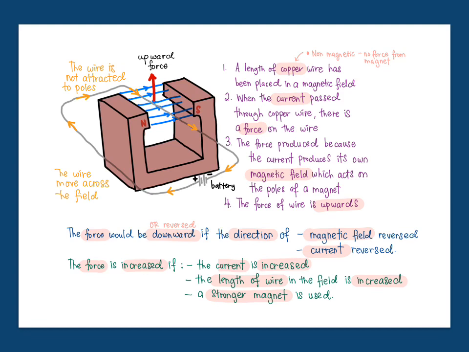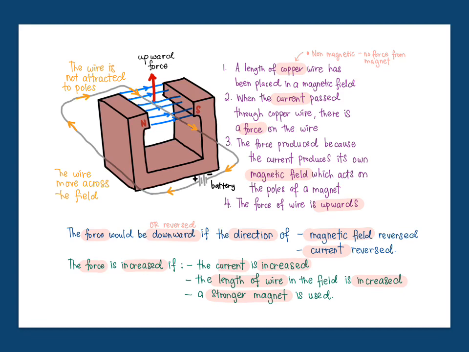Okay, macam mana kita nak tahu direction of force tu? Nanti kita akan tengok rules yang perlu kita consider. Okay, so the wire is not attracted to the poles. Bila tak ada current, the wire will not be attracted to the pole. Kita akan kena make sure yang wire tu tak attracted kepada any poles. So the wire will move across the field.